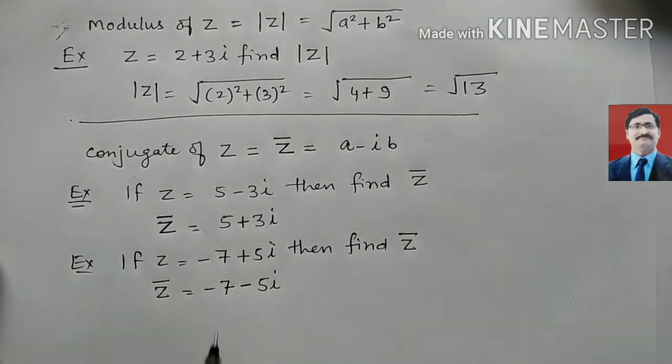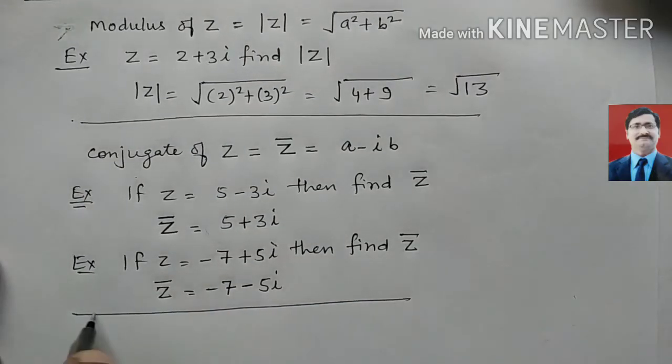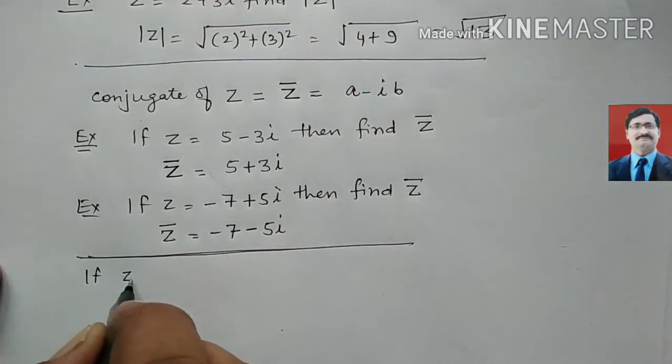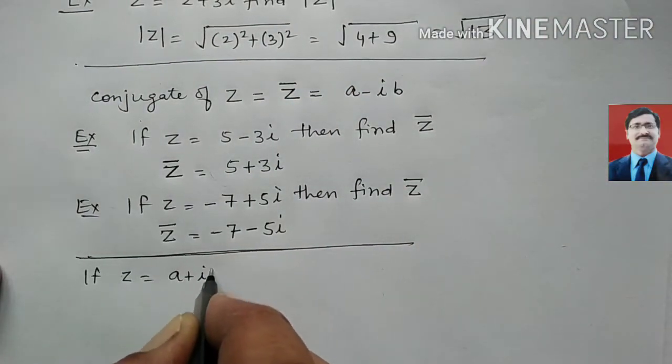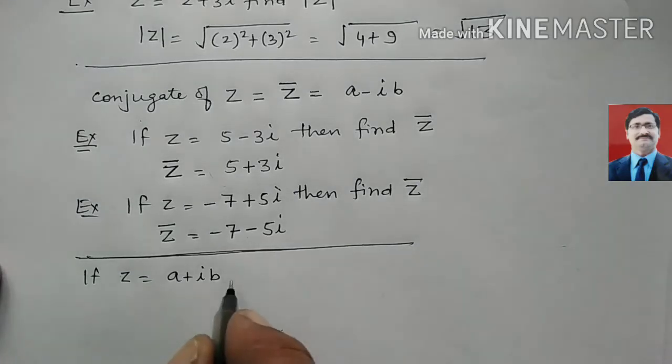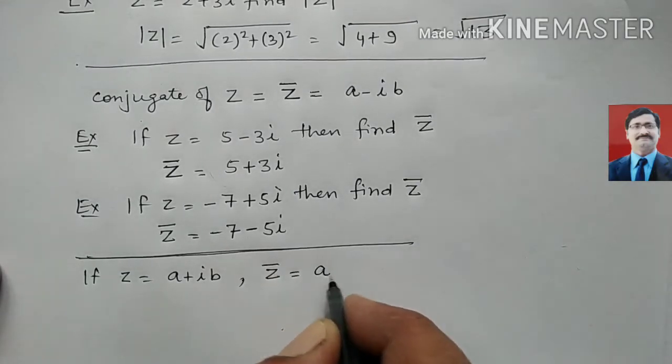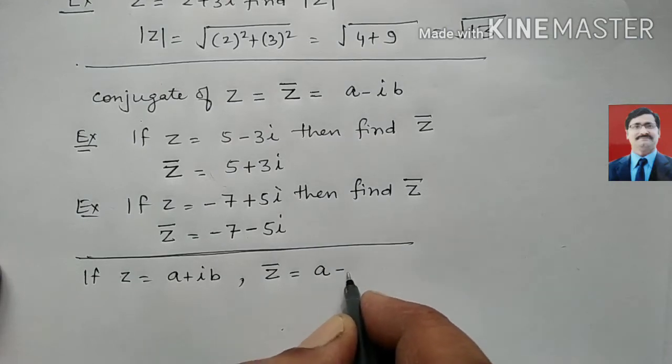Look here, we will have some properties. If z is given to you as a plus iota b, then z conjugate is a minus iota b.